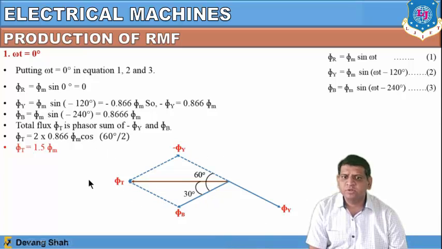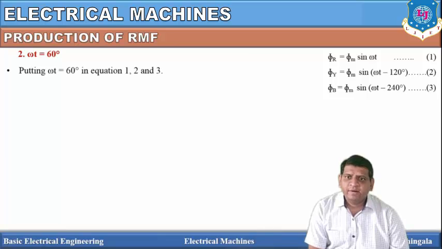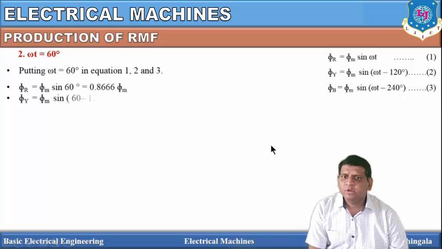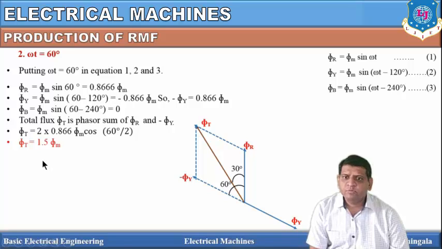Now check the position of this phasor diagram. We take the second instant as omega t equal to 60 degrees. Putting 60 into these equations, you will find phi T is again 1.5 times phi m, but the position is different.